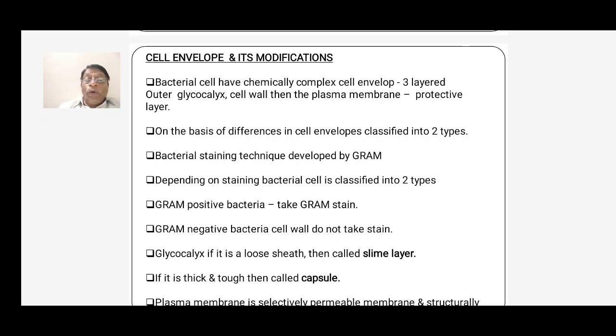The outermost glycocalyx, followed by the cell wall, and then we have plasma membrane. See, glycocalyx, cell wall, and the plasma membrane.